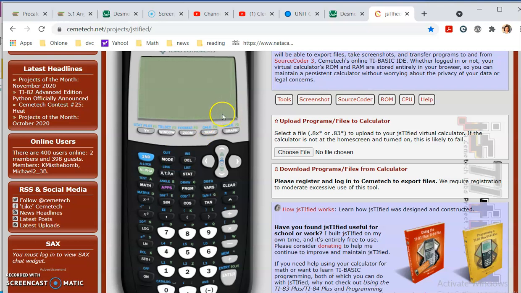Some scientific calculators will show it to you. If not, you go to mode and make sure that it's radian or degree. By default, it's radian. Then you quit. So sine of pi over 2 in radian should be 1, right? Yes.